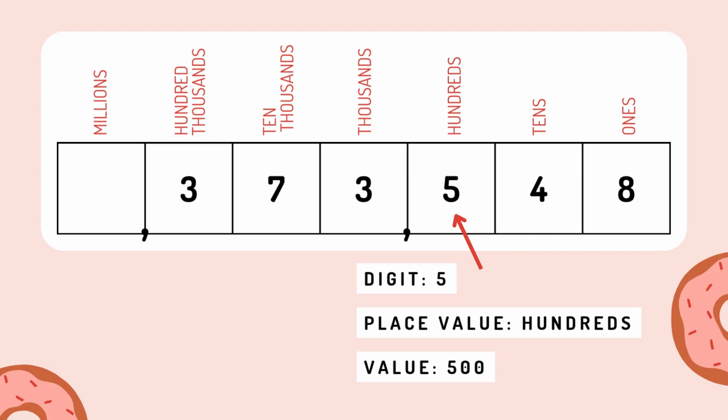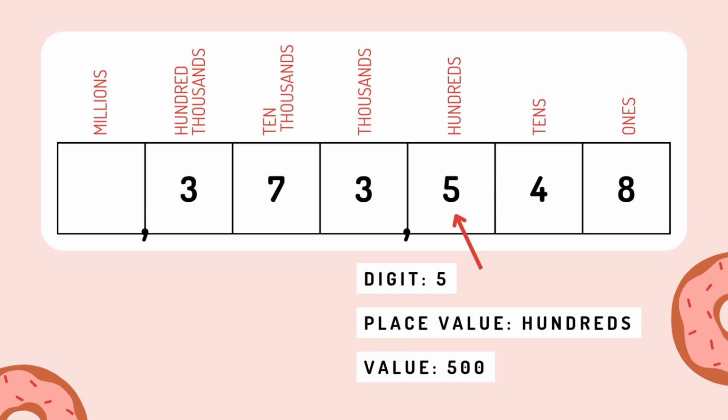Here's an example using numbers. 373,548. Let's look at the digit 5. It is in the hundreds place. That means the place value is 100 and its value is 500.